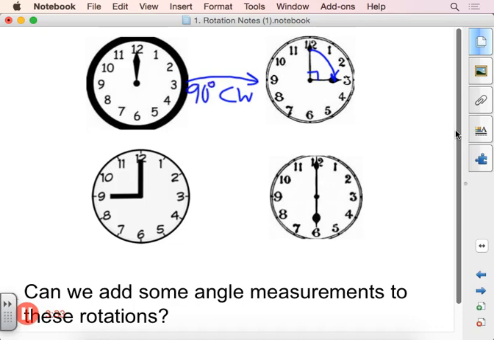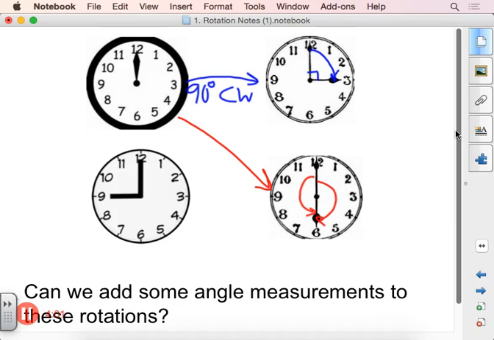Now let's look, if we went from the first clock up here to the bottom right clock, what kind of rotation is that? Well, we started at 12 and rotated all the way around this way. That would be the shortest way. Or you could say this is the shortest way because it's the same amount. It just went halfway around. So either way would work because either way is the shortest way. We always want to say the shortest way.